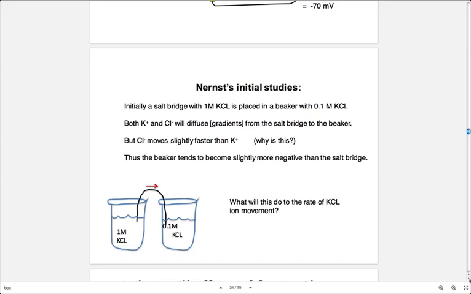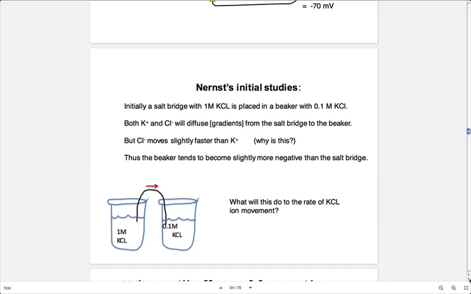It's smaller. Yeah, so it's going to move a little faster than potassium. And because it has a negative charge, it's going to set up a charge difference across these two beakers. And so what this demonstrated is that the different movement of ions was actually in itself sufficient to set up a potential.